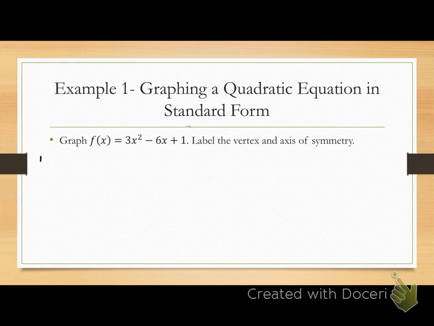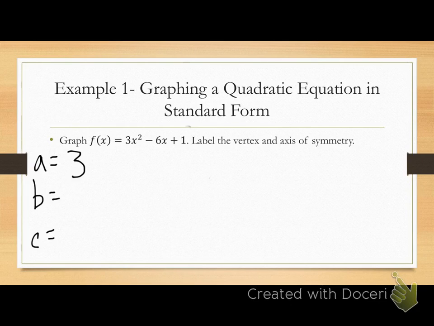So let's first identify our A, B, and C values. Someone raise your hand and tell me what the A value would be in this case. Not 3x squared. What's the number in front of x squared? 3. So my A value is just 3.